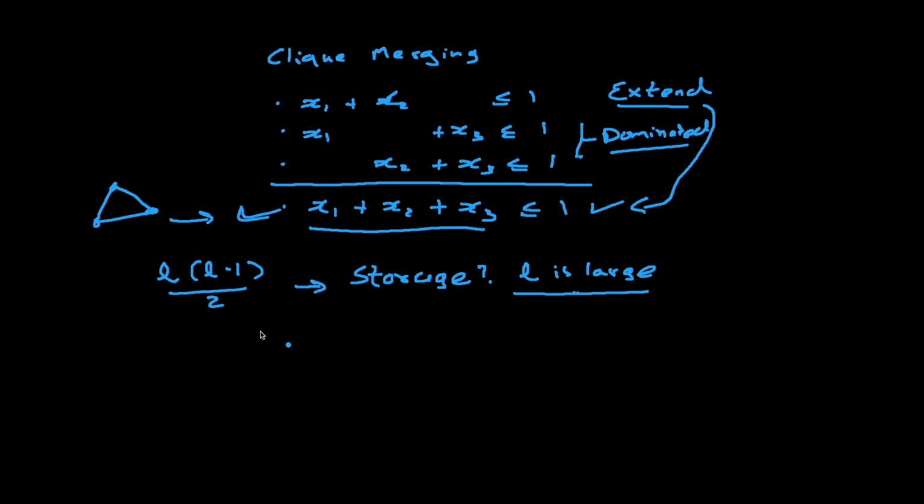Okay, so here we have the constraint matrix, but let's take a look at the easiest way to do this kind of operation. First of all, we need to find the neighbors of every vertex. If we want to look at the neighbors of x3, we have to look at the column x3. It has two non-zeros, this one and this one.